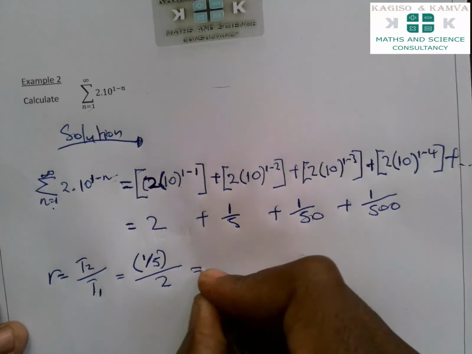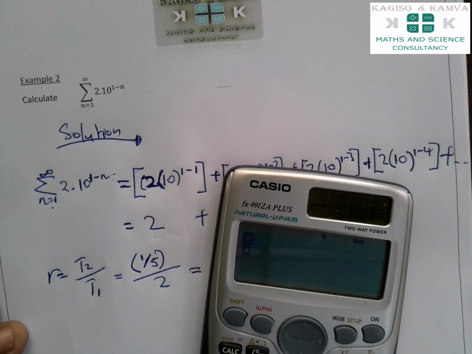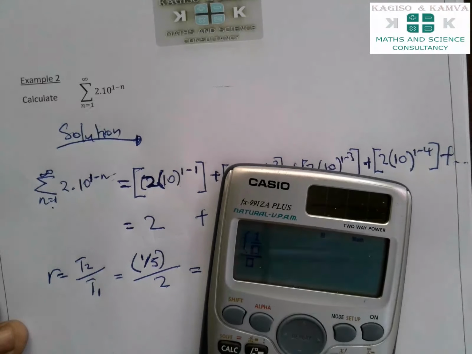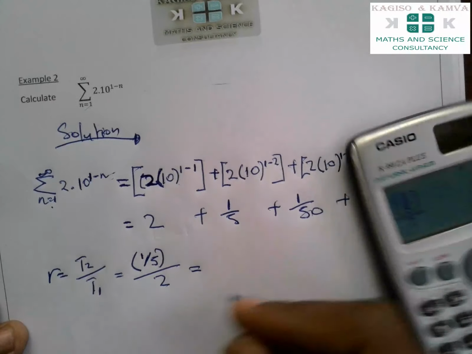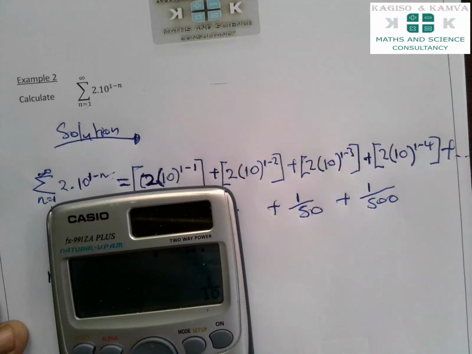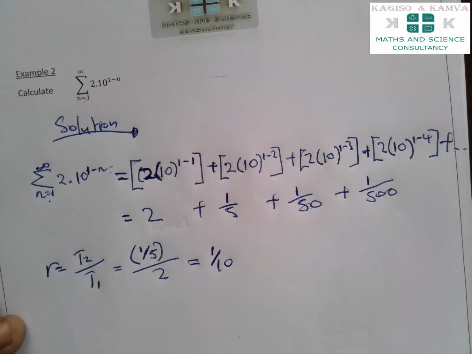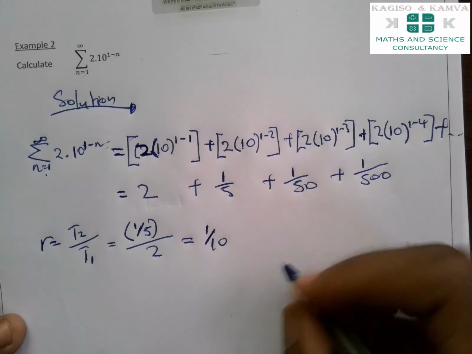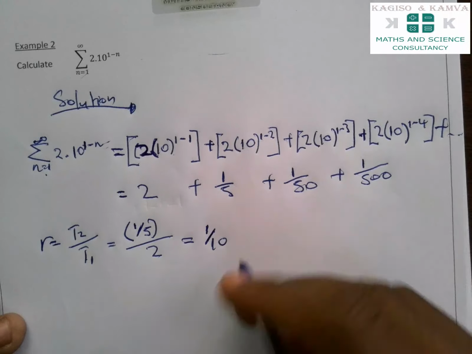So r is going to be 1 over 10. So 1 over 10 is greater than -1 but less than 1.